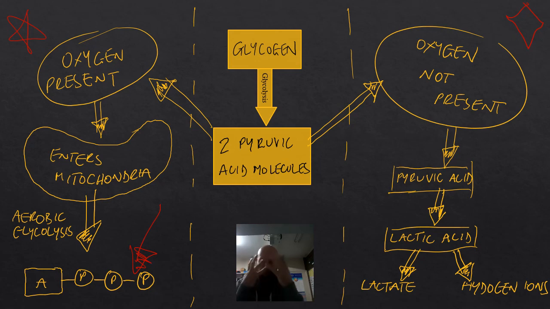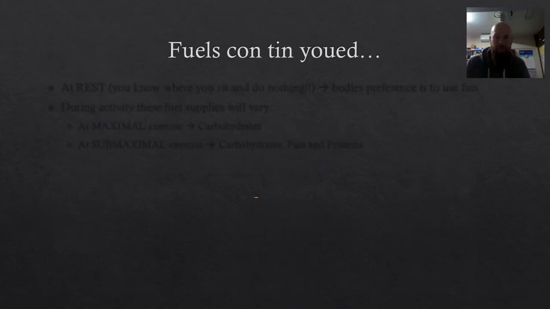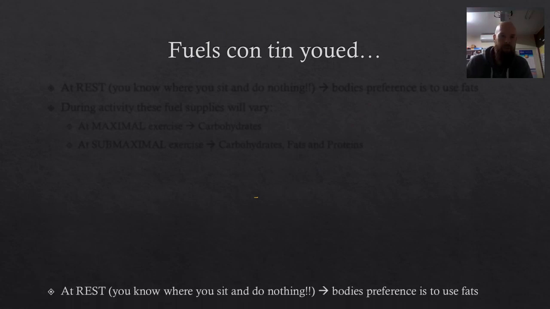People get red in the face. That's the body heating up. That's all the blood coming closer to the surface of the skin, trying to cool the body down. So you've got your byproducts of heat, H2O or water, and carbon dioxide.